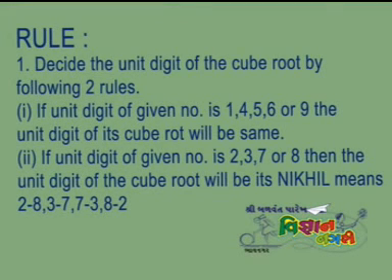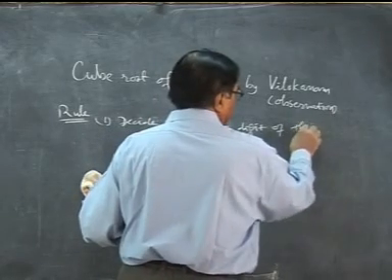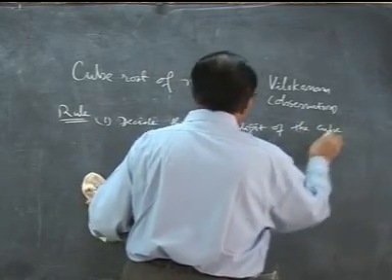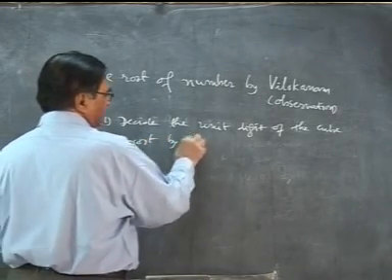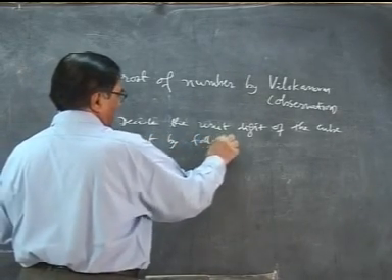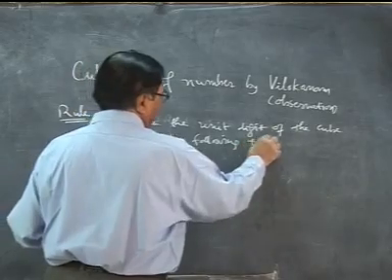One: decide the unit digit of the cube root by the following two rules.